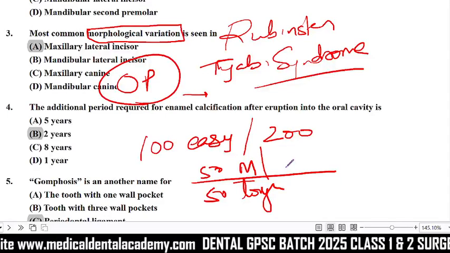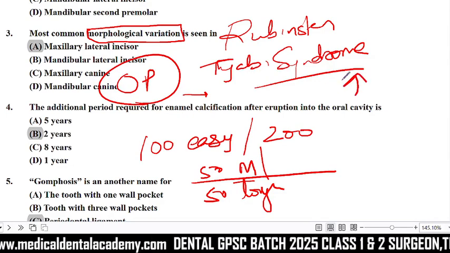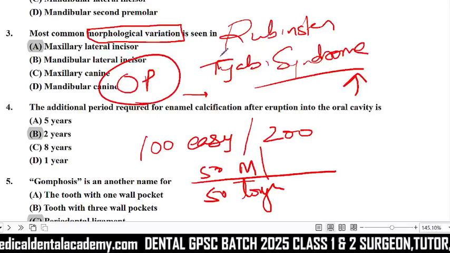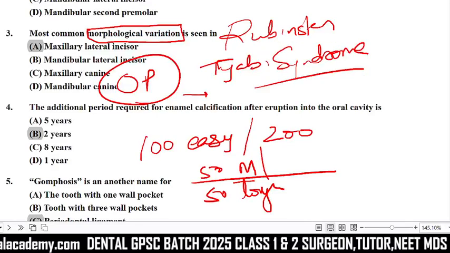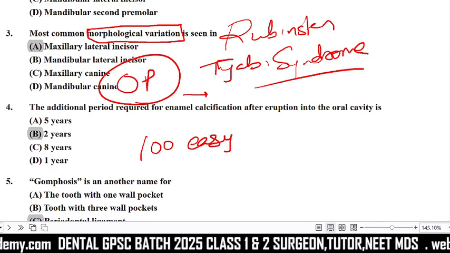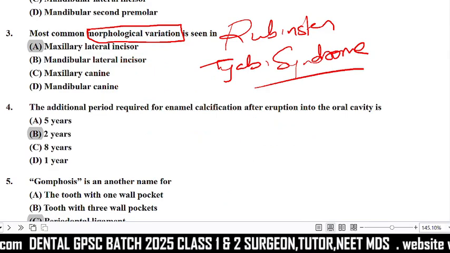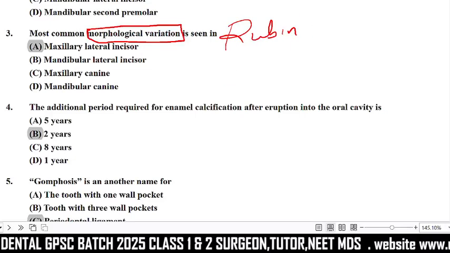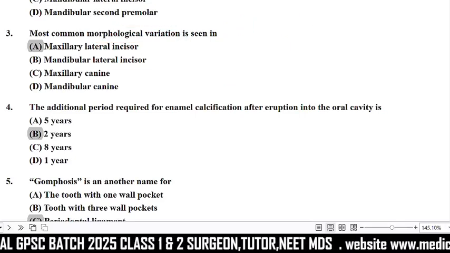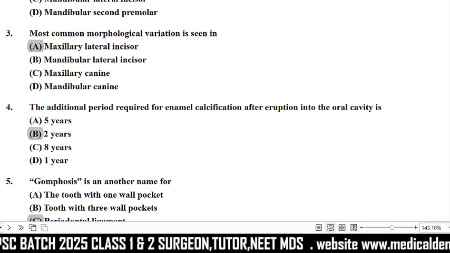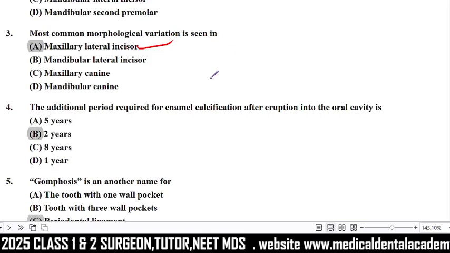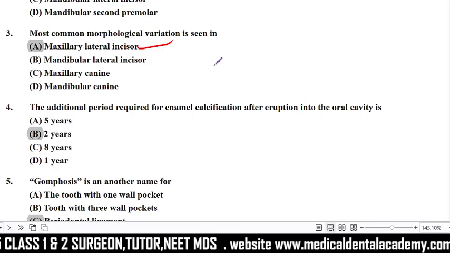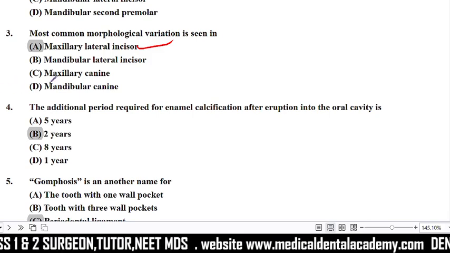So these are the easy questions which I am asking you right now. What about this Eagle syndrome? Here the answer will be lateral incisor. Rubinstein-Taybi syndrome is associated with lateral incisor.